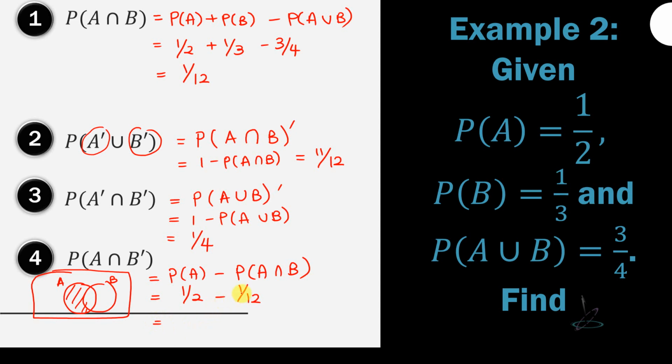So this is 6 over 12 minus 1 over 12, which is 5 over 12.